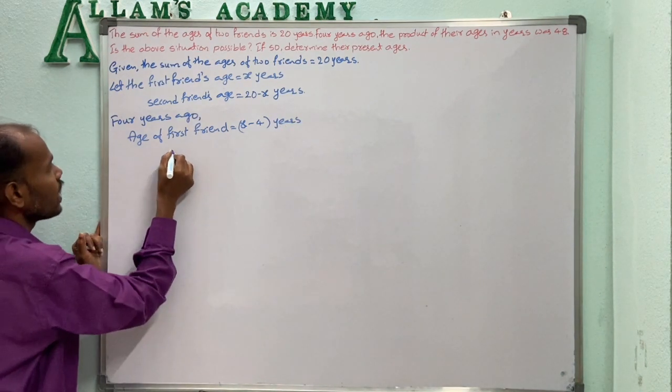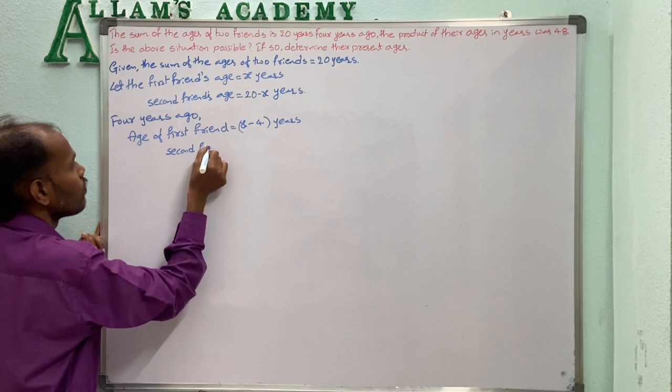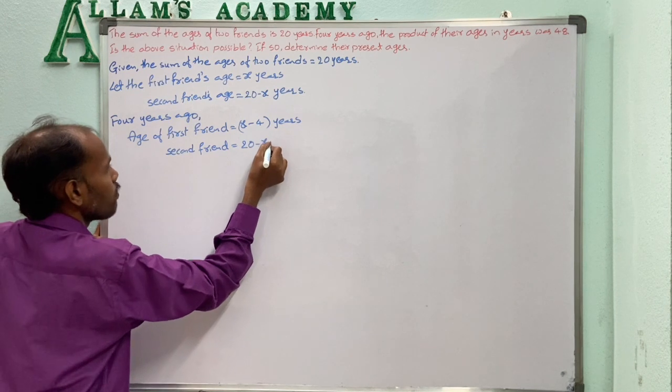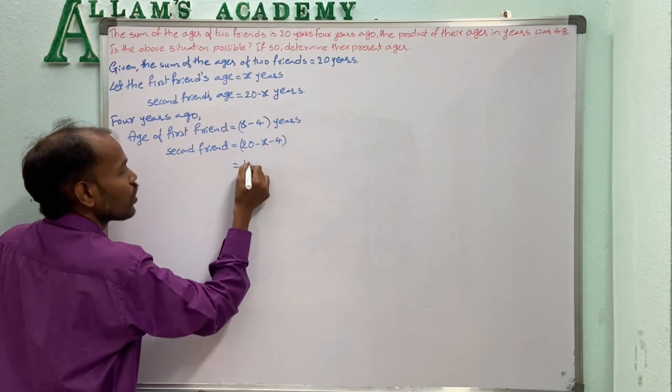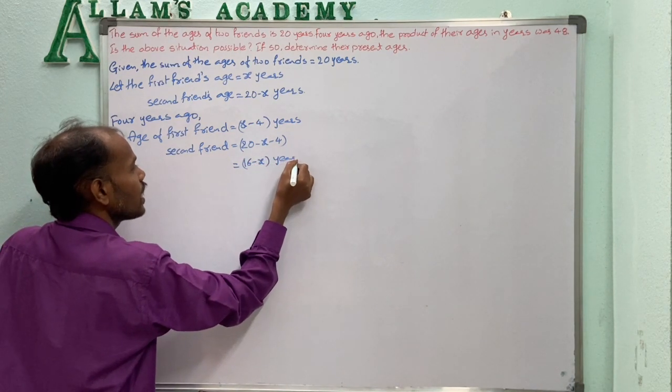The second friend's age is 20 minus x minus 4, that is nothing but 20 minus 4 equal to 16, so 16 minus x years.